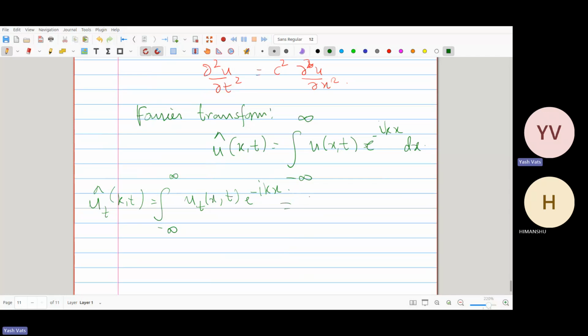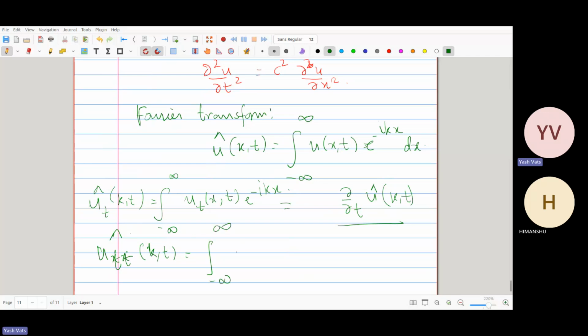You can write it as the partial derivative of u hat (k,t) with respect to t. You can just check it. And similarly, you try to check what is u_tt hat (k,t).